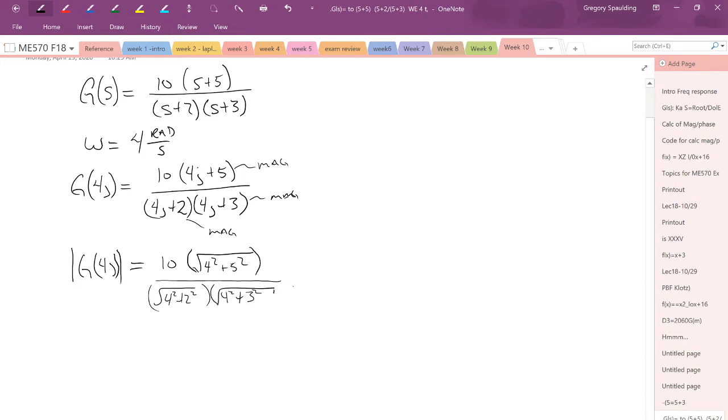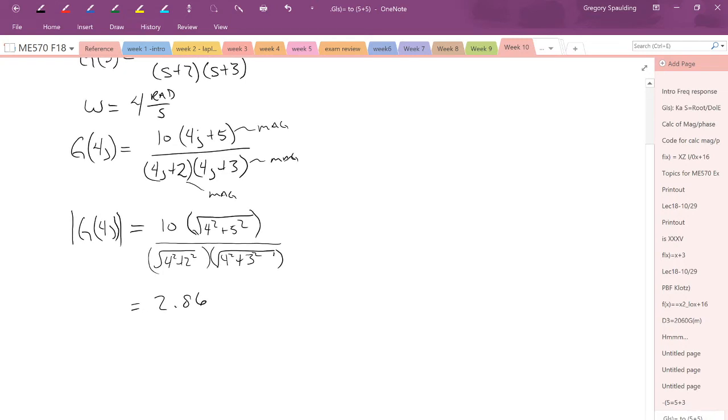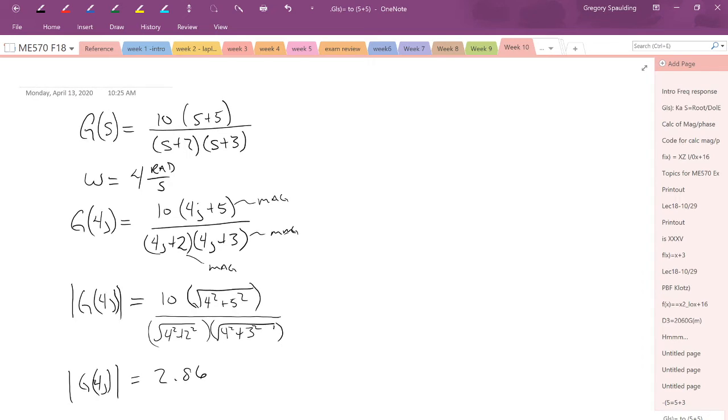We work all of that out, and we end up with 2.86 as the value for that. This is what I'm going to call the raw magnitude.